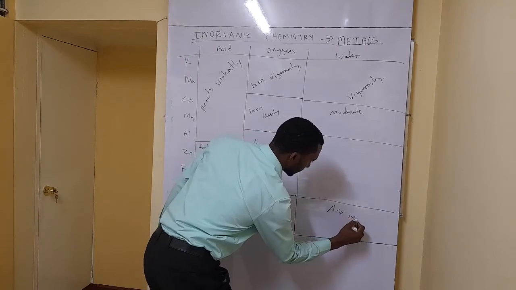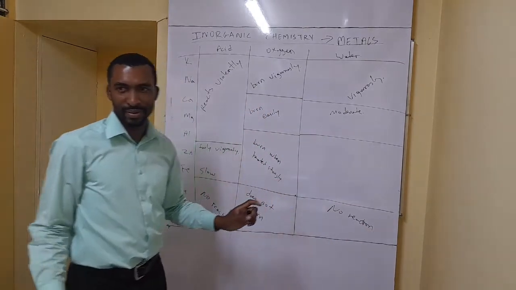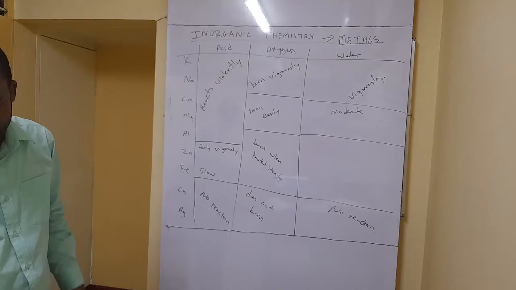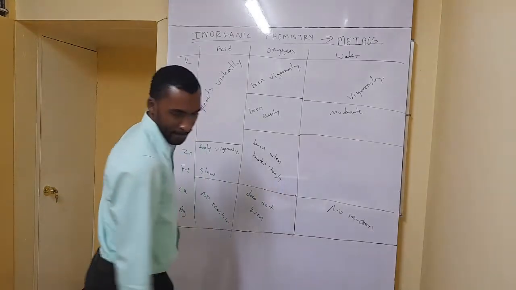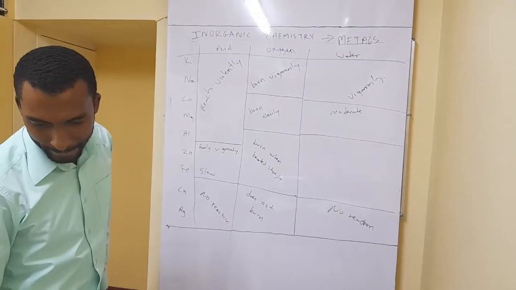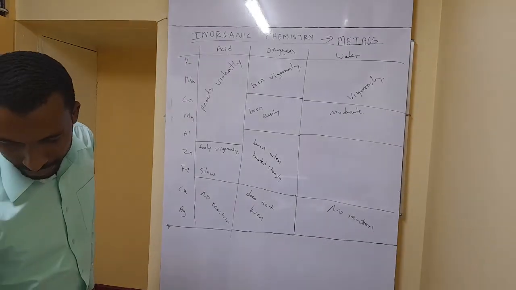So in general the top ones react very fast, the bottom ones tend not to react. And for zinc and iron, what else?